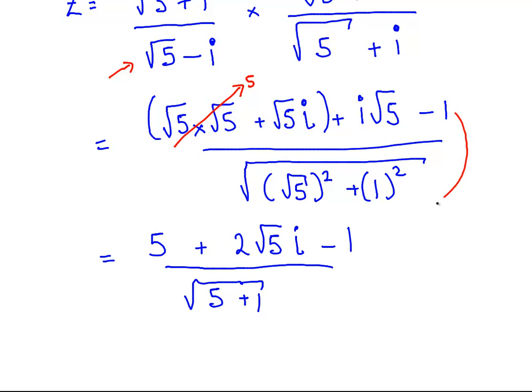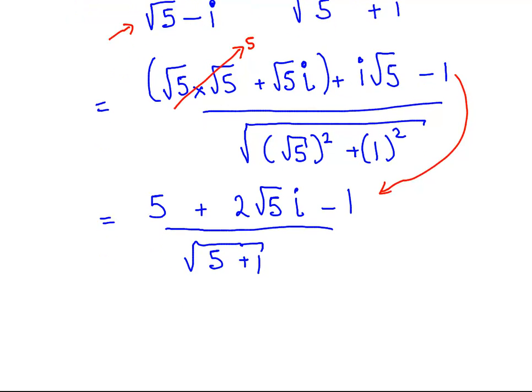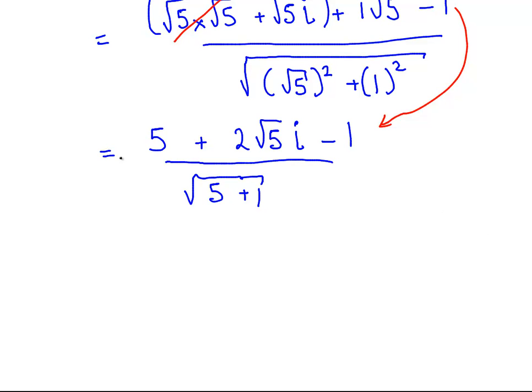So it's minus 1 there, not an i. Okay, so simplify that out a little bit more. We get 4 plus 2 square root of 5 times i, all over the square root of 6. Okay, so that is how we would simplify the number.